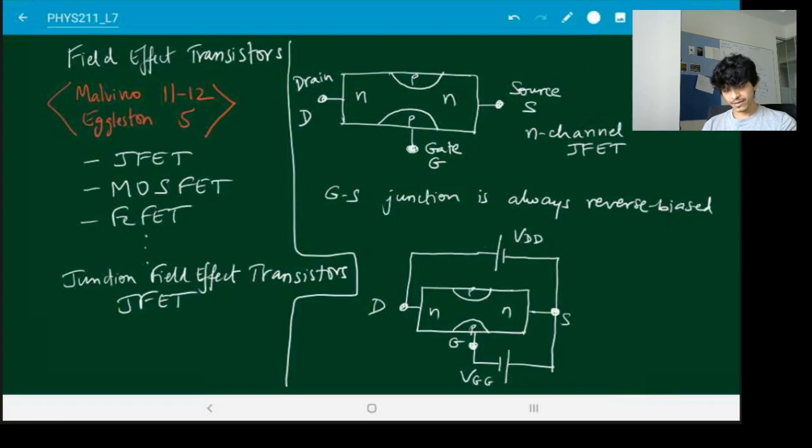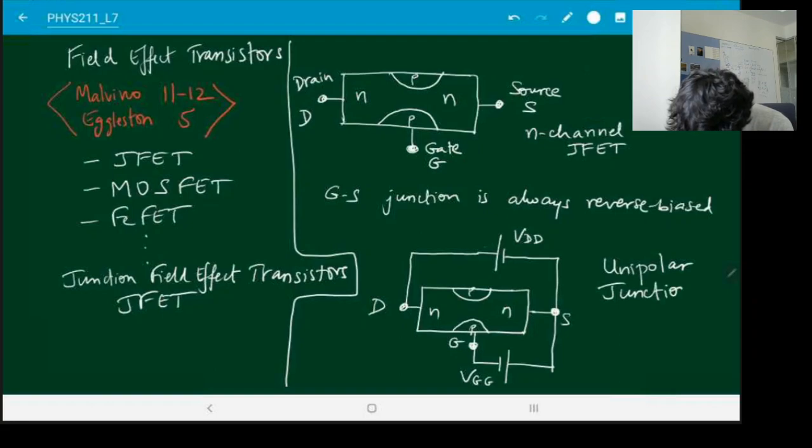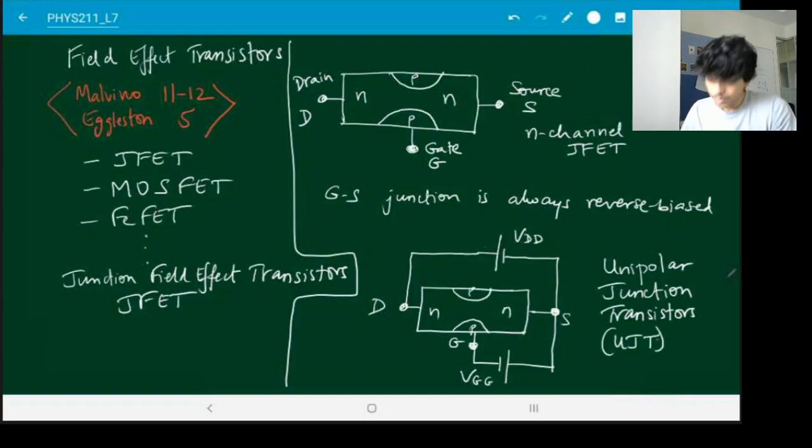In a field effect transistor, all of the conduction is happening only because of one type, the majority current carriers. Therefore, these are often called unipolar junction transistors. So FETs are unipolar junction transistors as opposed to what we had seen before, the NPN type bipolar junction transistors.